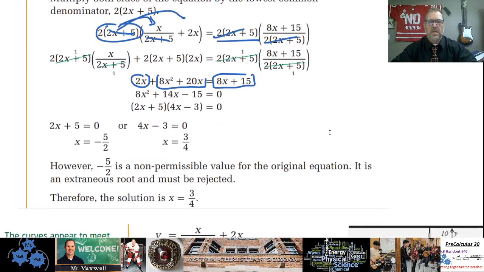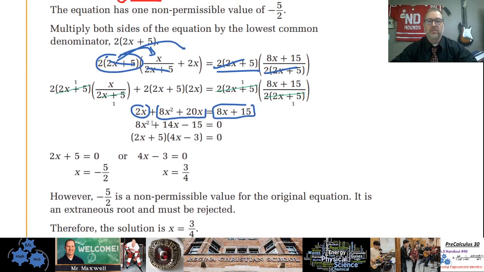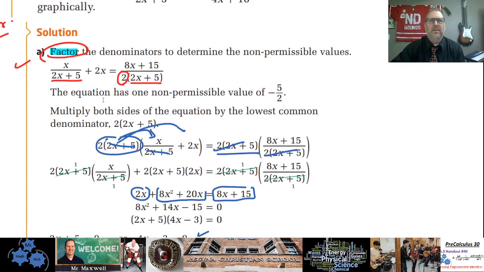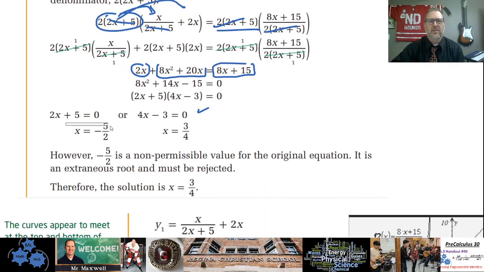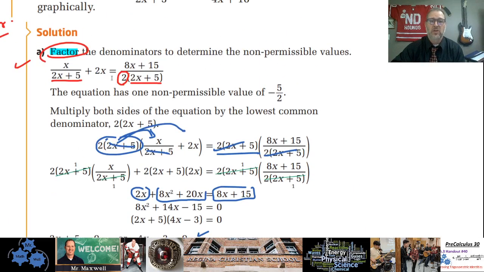Yeah. All right, when you get to a point where you have a quadratic, you can solve however we did that before, using the quadratic formula if you want, or factoring by intuition and using the zero product principle, which is what they did here. And you're going to have to check your values though, right? Notice that one of the values that the algebra gives us is -5/2.